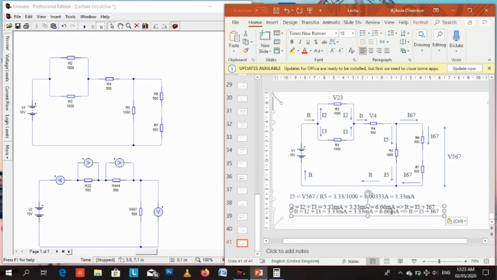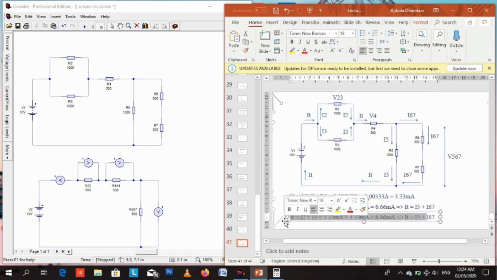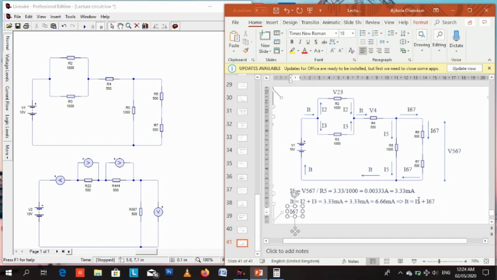It's officially called a node. When it goes to that node, it splits into I5 and I67.